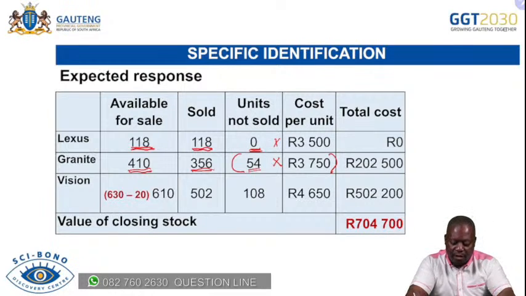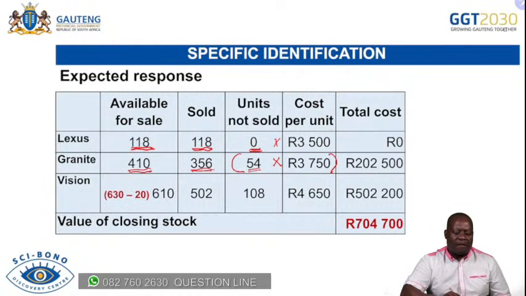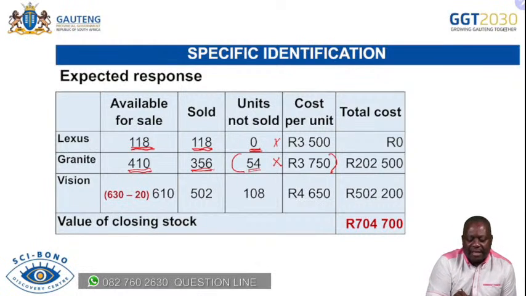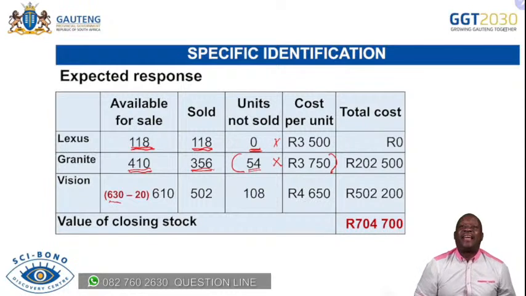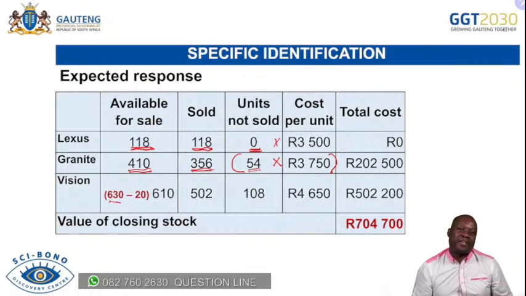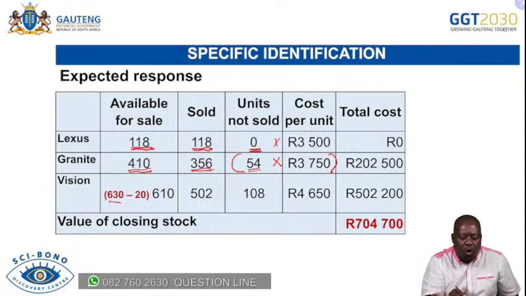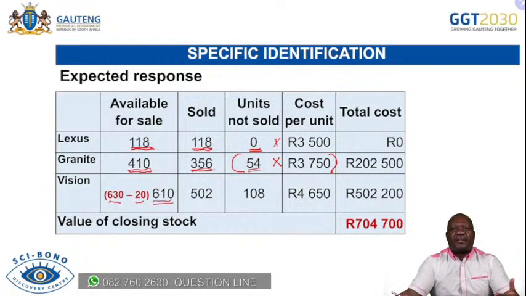I am human. Now, let's go to the Vision. Vision, we had 630, but they are no longer 630. Why? Because we returned 20 back to the supplier. So it means the ones that are available are 610.